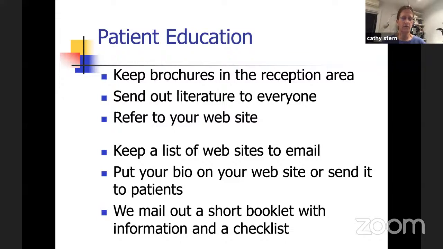The other is, we tell everyone when we send a follow-up email, or when they make the appointment, we now send our history form out via email. But we also send on the same email a small booklet about vision therapy. And we, of course, have our website on it.